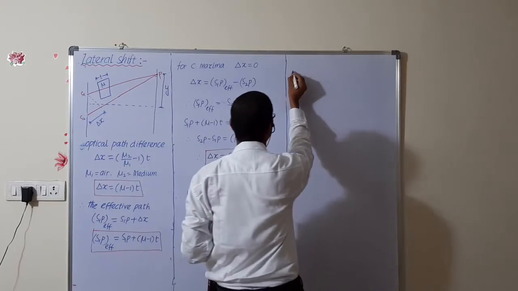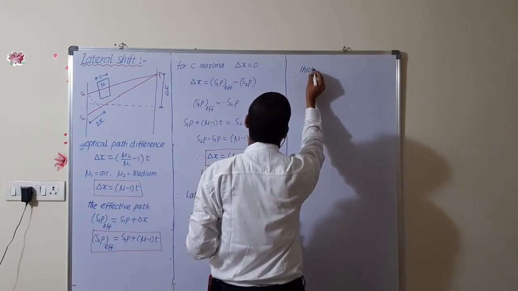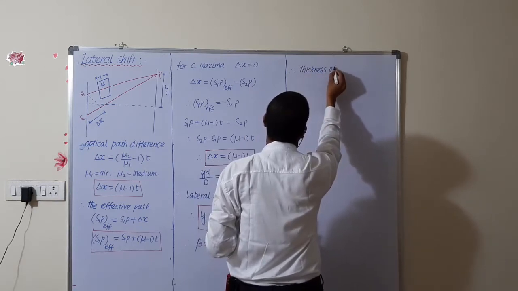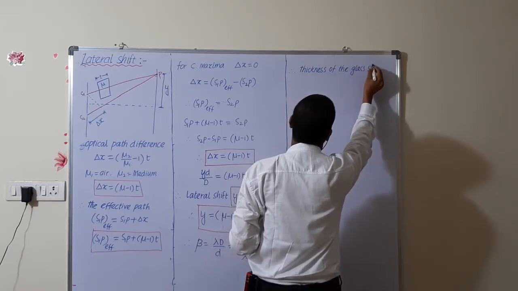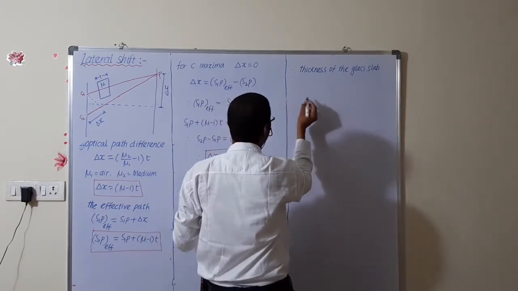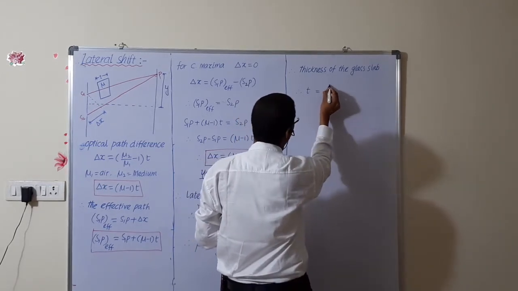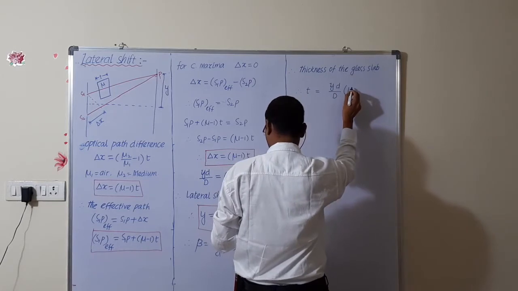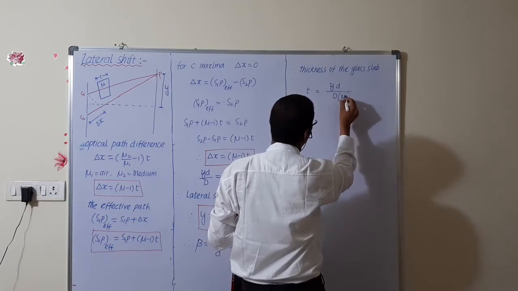Therefore, the thickness of the glass slab, we can write, T is equal to y small d upon capital D into (mu minus 1).